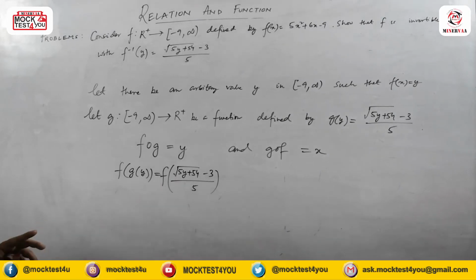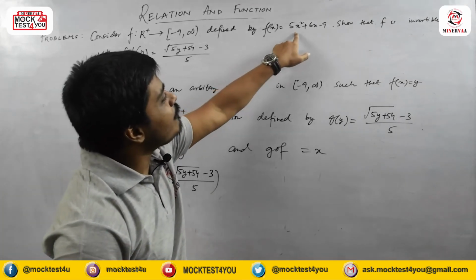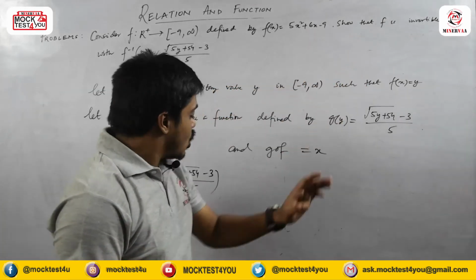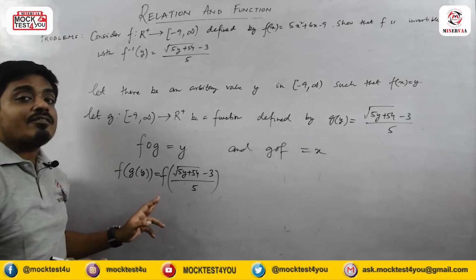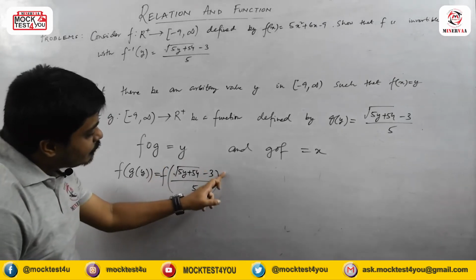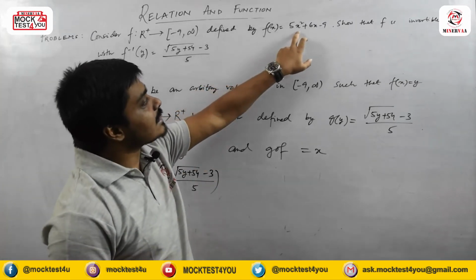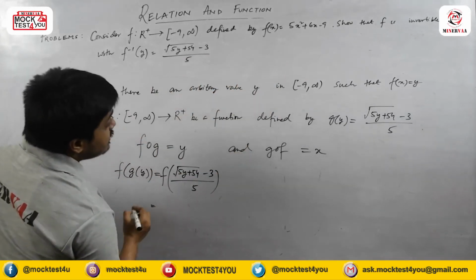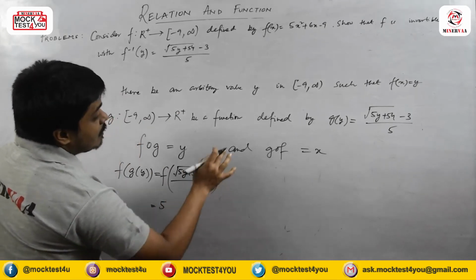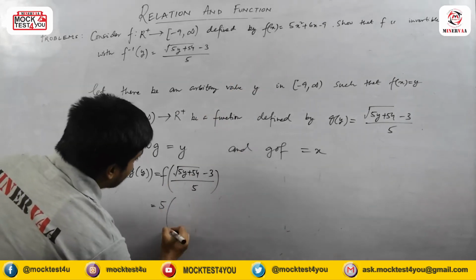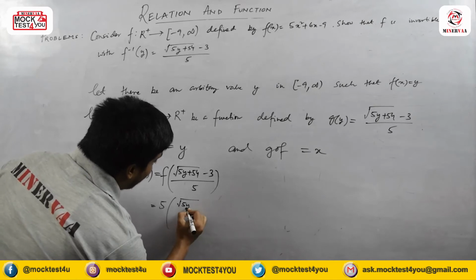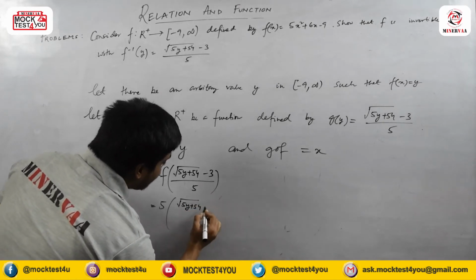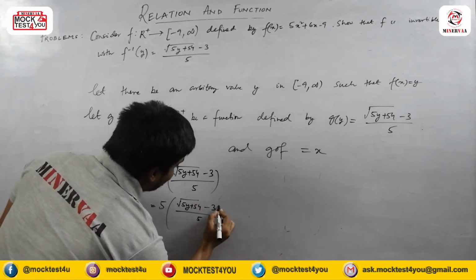Now f of x is what? Listen very carefully. f of x is 5x square plus 6x minus 9. So f of g of y will be, wherever there is x, I will put this thing in there. So we have 5 into, in place of x, I'm putting this one, root over of 5y plus 54 minus 3 divided by 5, whole square.